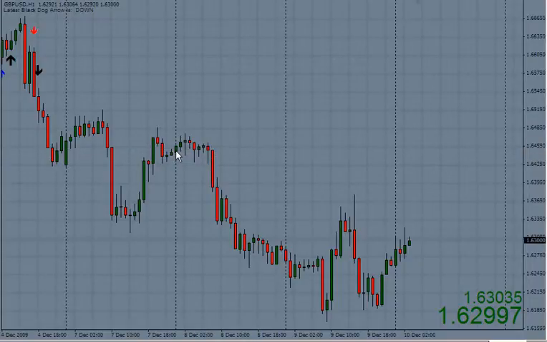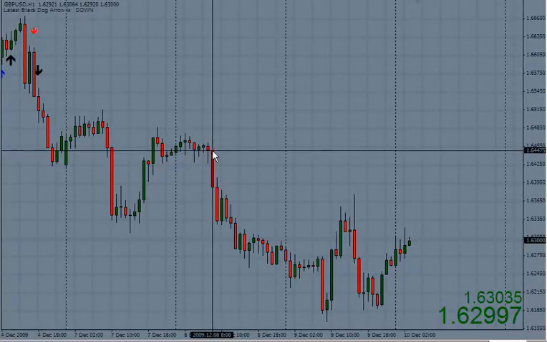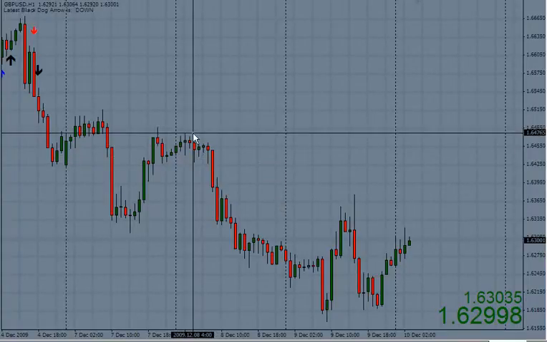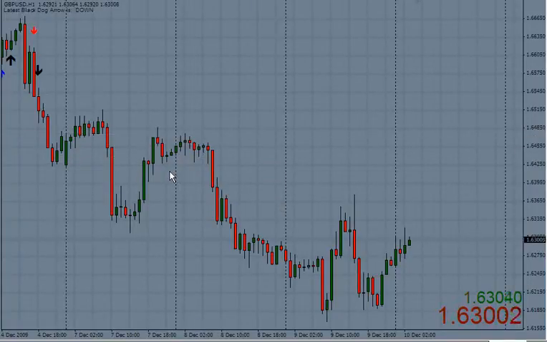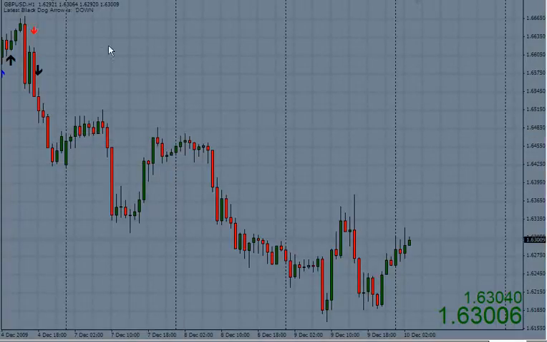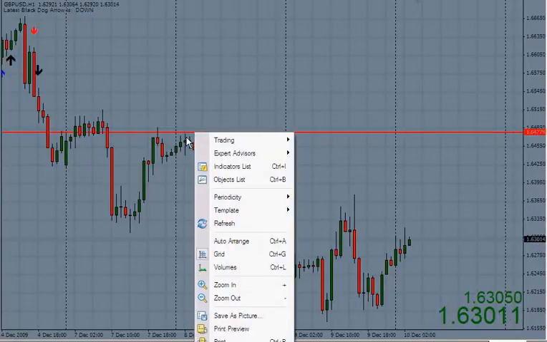So from the close of the US market to the open of the European market, which is at 8 a.m. here, I'll be looking for the low and the high. That's it. I'll only be looking for the low and the high, which I'll put here.